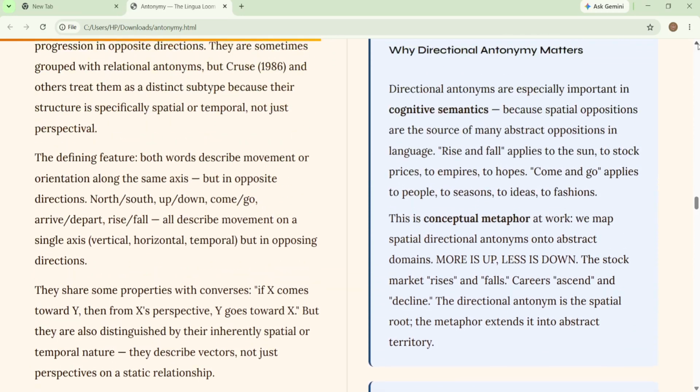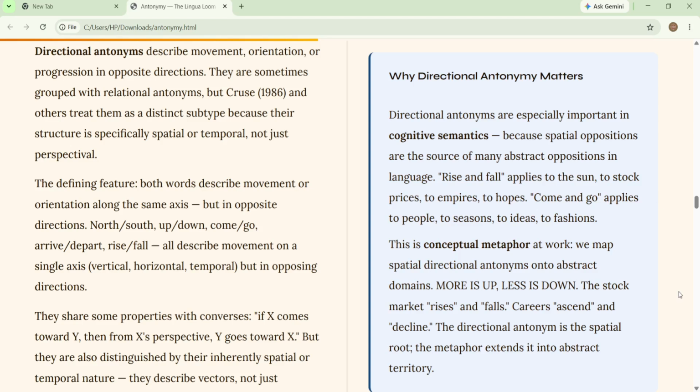So let's look at why directional antonyms matter. Directional antonyms are important in cognitive semantics because spatial oppositions are the source of many abstract oppositions in language. Rise and fall apply to the sun, to stock prices, to empires, to hopes. Come and go apply to people, seasons, ideas, and fashion.